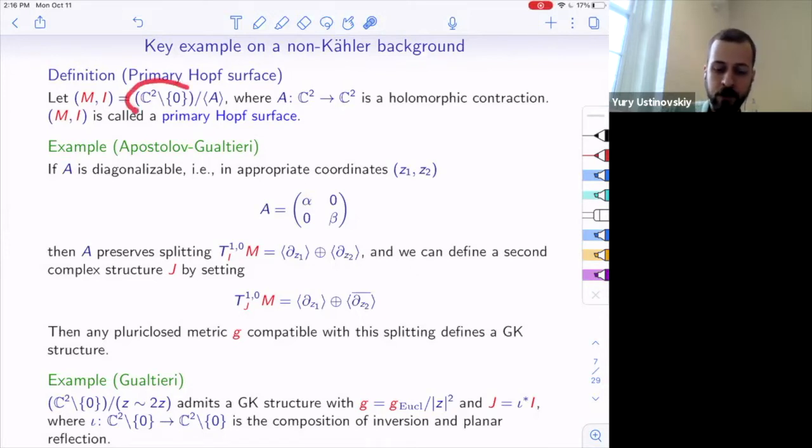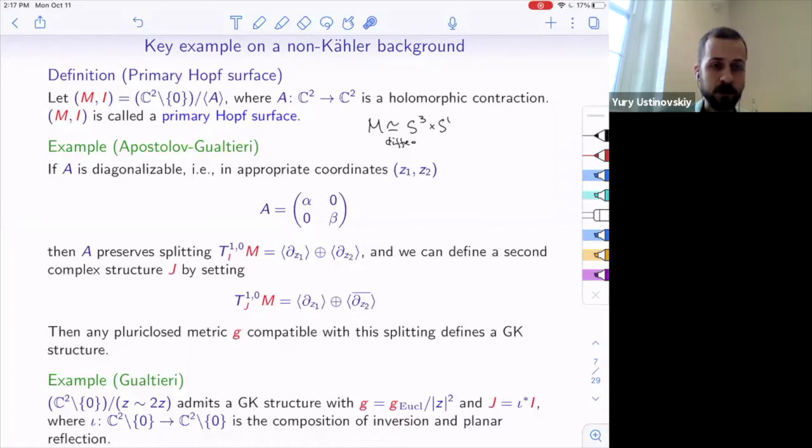You start with a two-dimensional complex plane, you remove the origin, and you act on it by holomorphic contractions. So you pick a holomorphic contraction A and you act on the space by it. The quotient happens to be a compact smooth manifold, diffeomorphic to a product of a three sphere and a circle. And it inherits a complex structure from the total space.